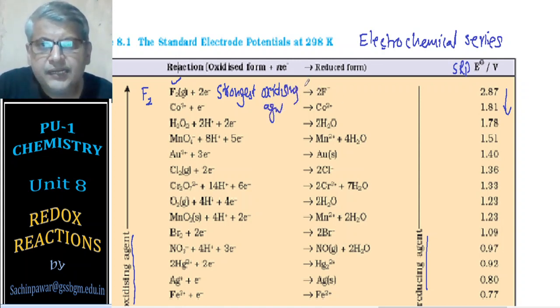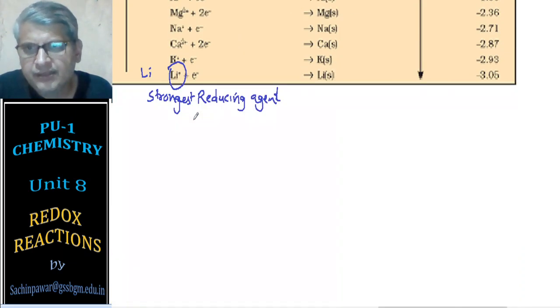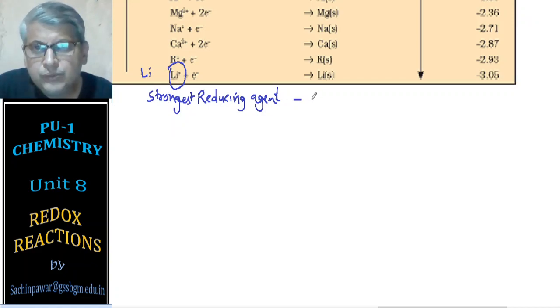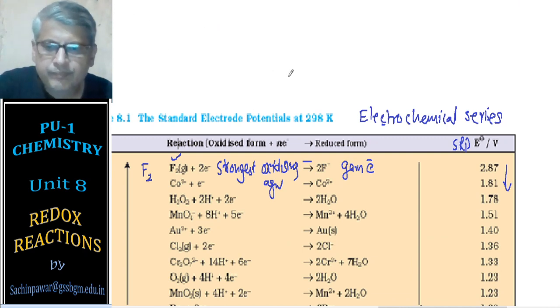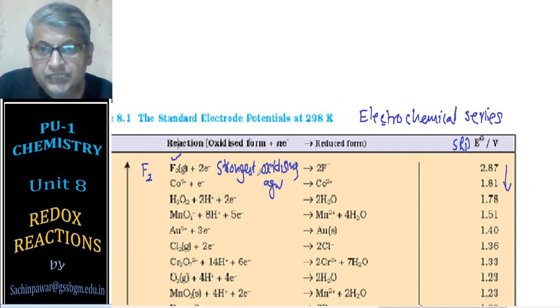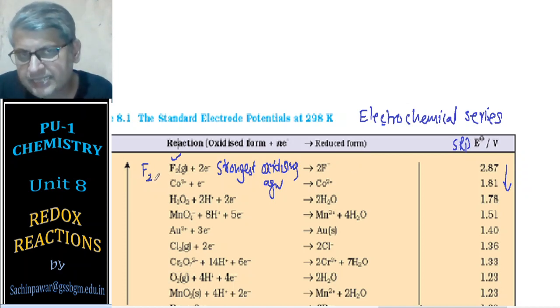That means it has a tendency to gain electrons to the greatest extent. I'm sorry, I said lose electrons earlier, it should be gain. An oxidizing agent is the one which oxidizes.